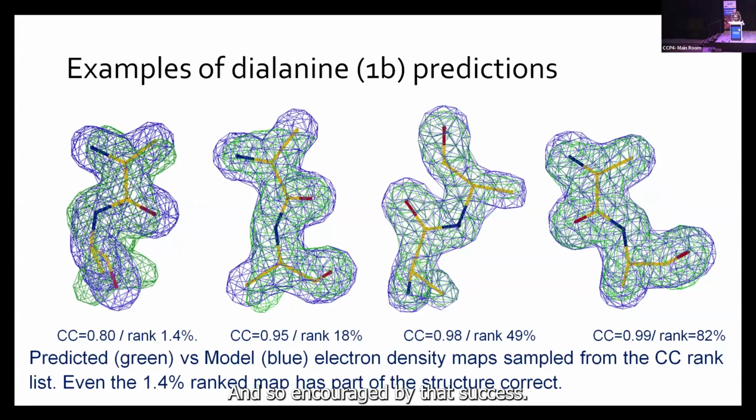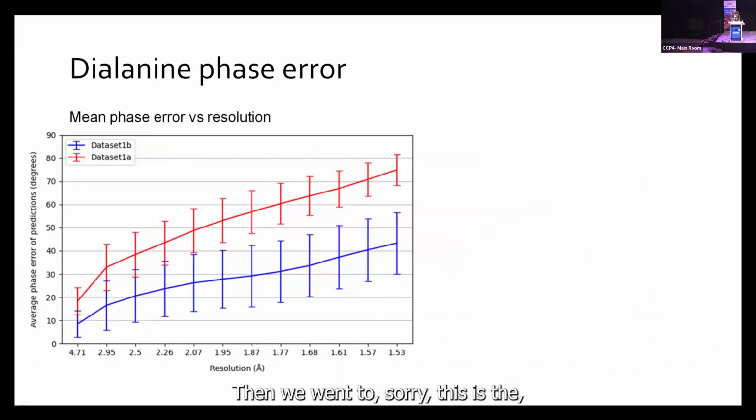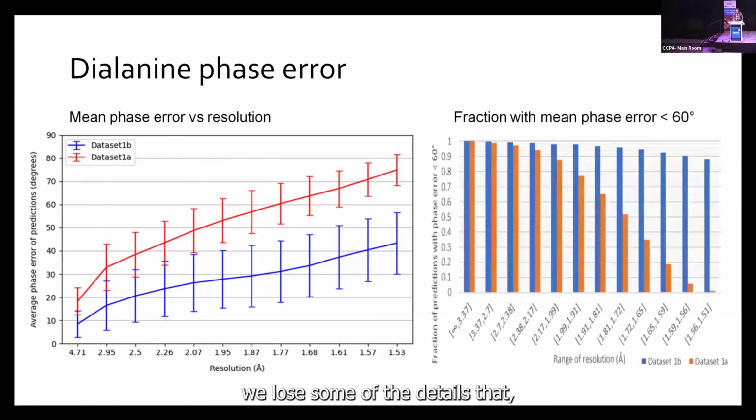Encouraged by that success, we looked at the phase error. At low resolution the phase error is very low, and as you get to higher resolution, we lose some of the details.